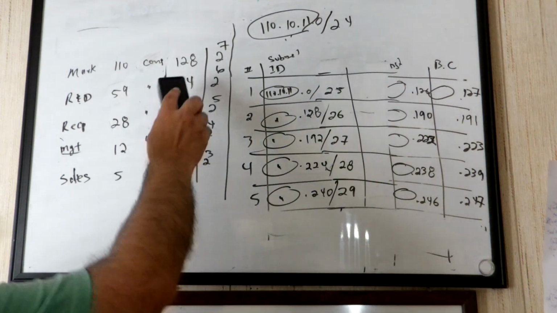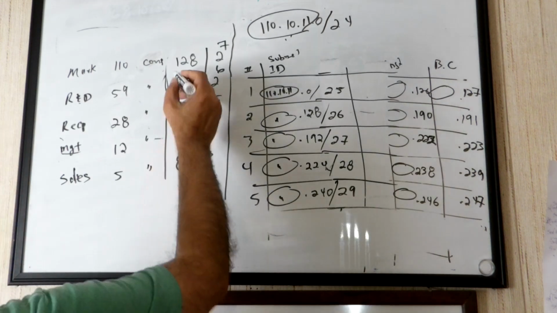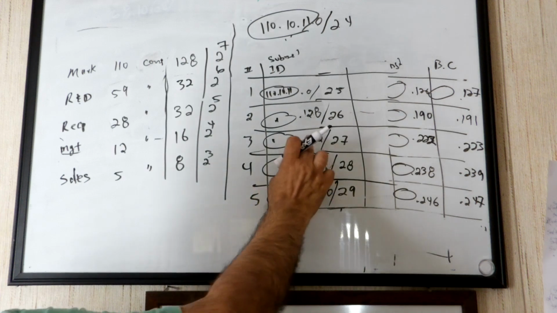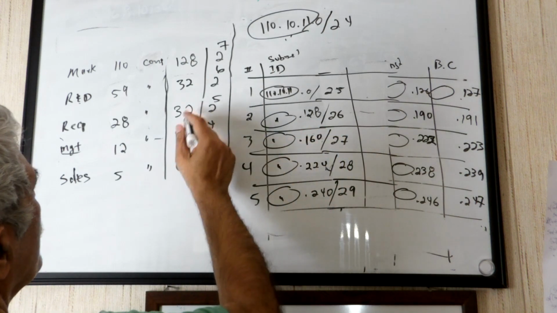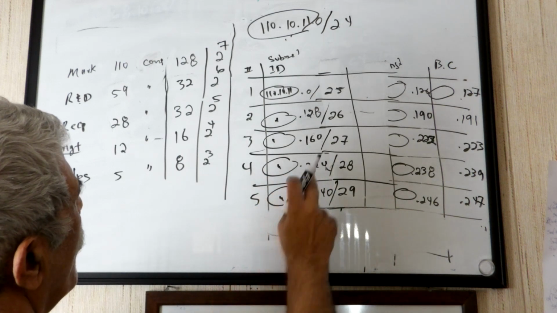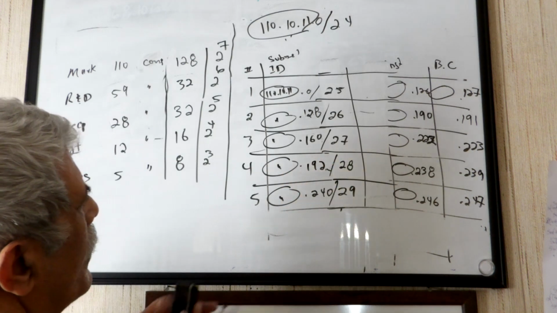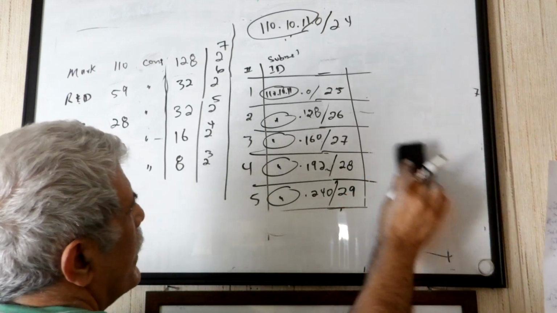Suppose you don't have this one, for example, here it's 32. All these things change. 32 plus this one is going to be 160, 160 plus 32, 192. No, I'm just saying if.